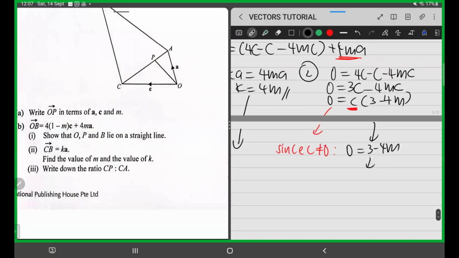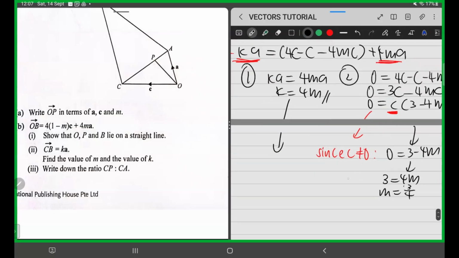Hence, you derive that 3 equals to 4m. M is just 3 over 4. Then you sub m is 3 over 4 into k equals to 4m, and you derive that k is just 3 over 4 times 4 gives you 3. So these are your two values over here.